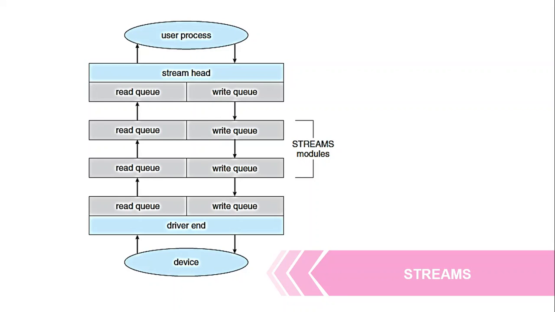User processes communicate with the stream head using either read and write or putmsg and getmsg for message passing. Stream I/O is asynchronous, except for the interface between the user process and the stream head.